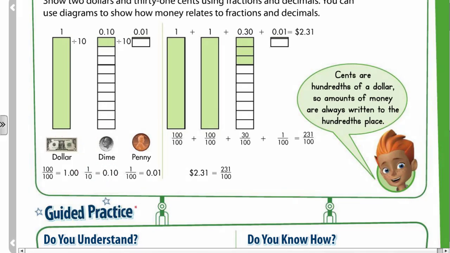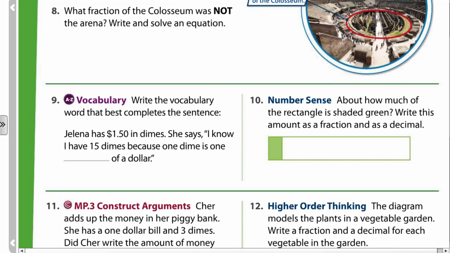So let's move to the question, and you should tell me what should I write. 1.50 in dollars is 15 dimes. Of course it's 15, this is correct. 15 dimes, because one dime is one part of a dollar.